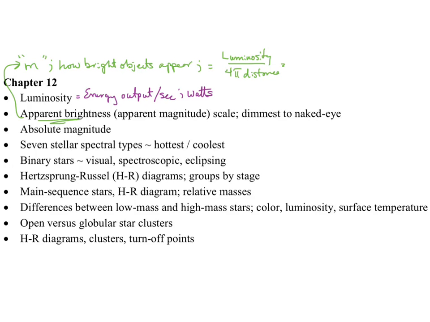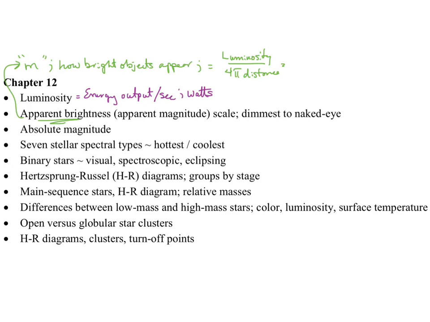Luminosity is the energy of the stars, all of them, not just the sun, but all of them. Luminosity, because the sun puts the brightness out. Yeah, I think so. Okay.